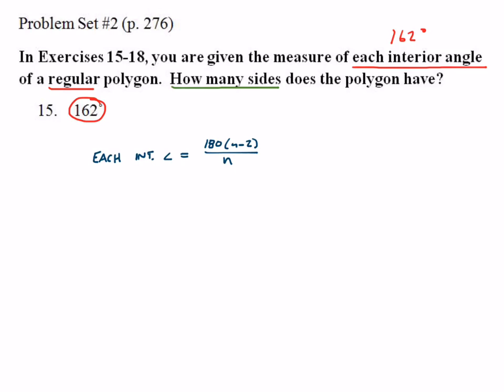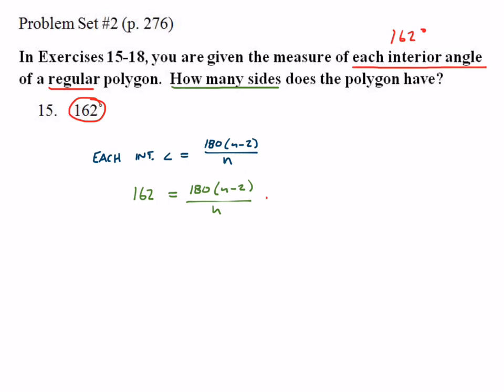In this case, though, instead of plugging in an n and finding each interior angle, we're going to be plugging in the interior angle and solving for the n. So in order to do that, I simply plug in 162 in place of each interior angle. So I'm going to have 162 is equal to 180 times n minus 2 all over n.